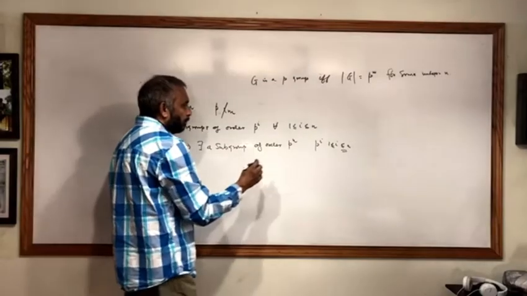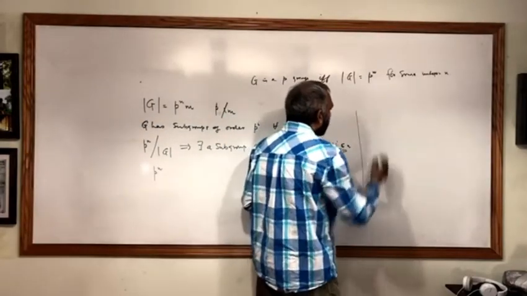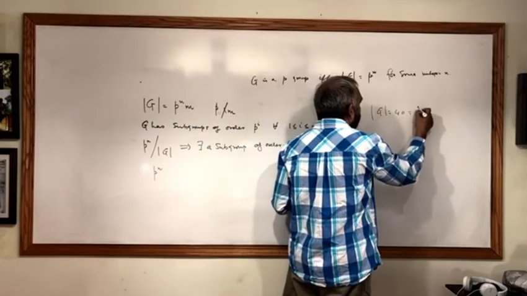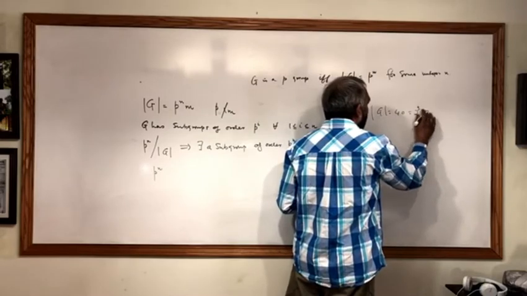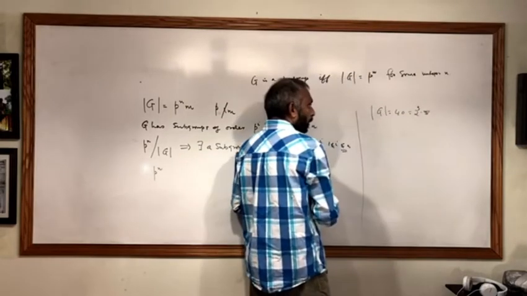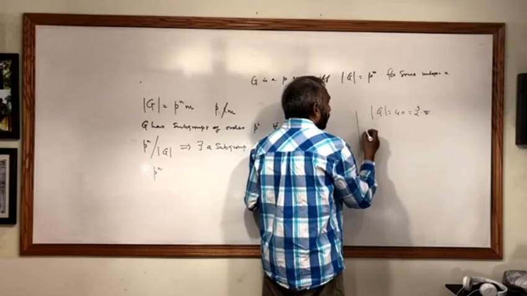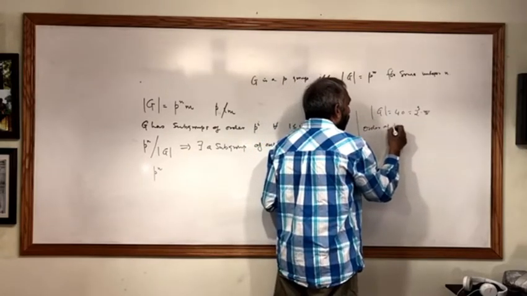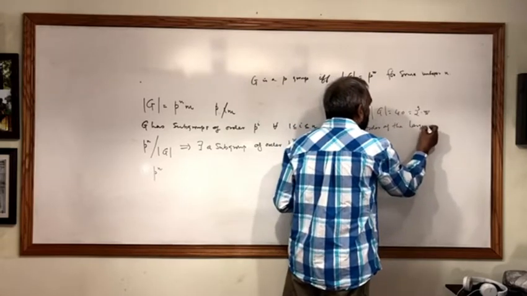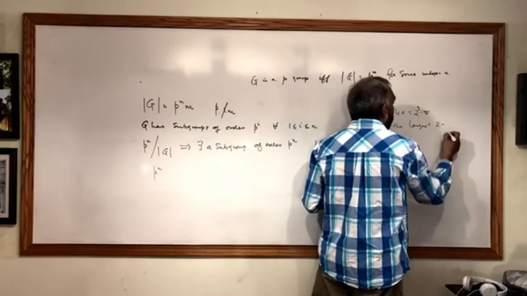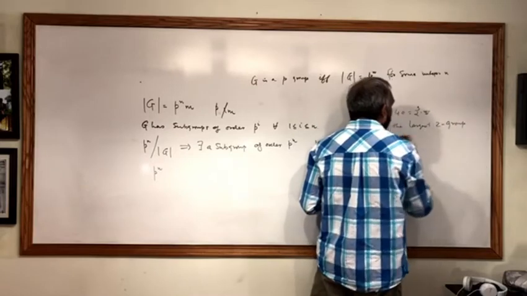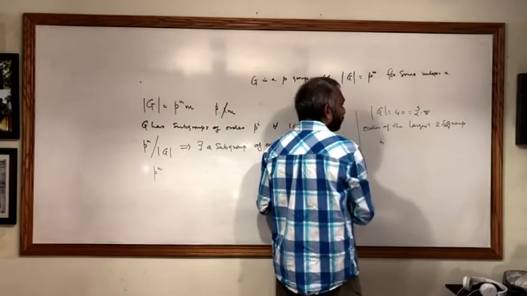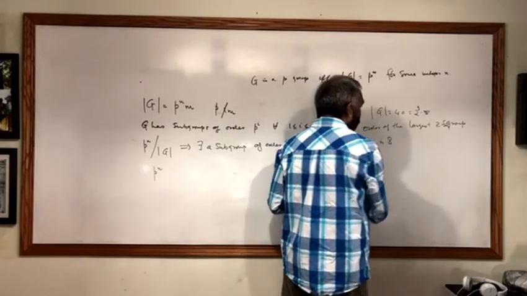So if we take the order of G equal to 40, which is equal to 2 cubed into 5, then the order of the largest 2 subgroup is 8.